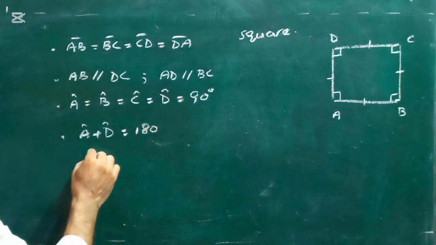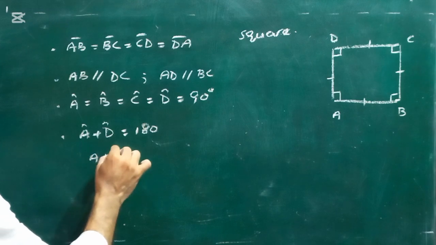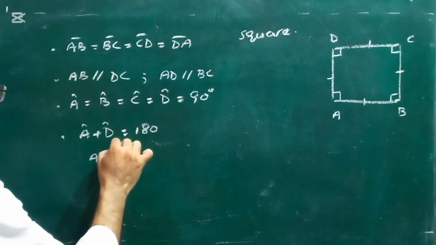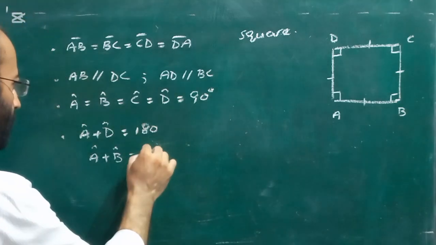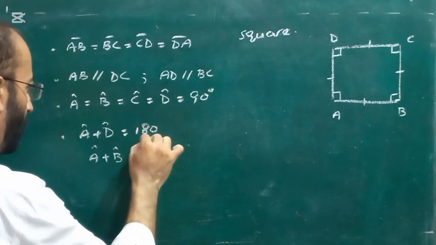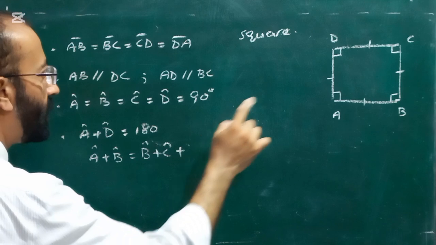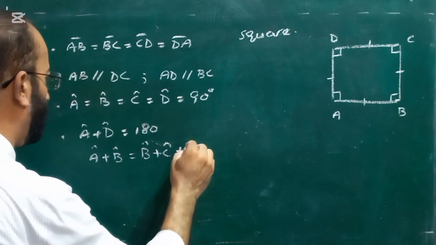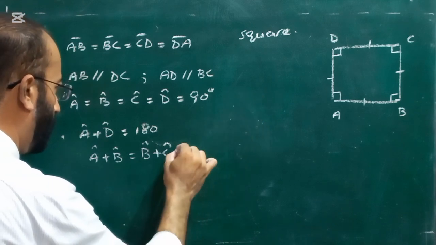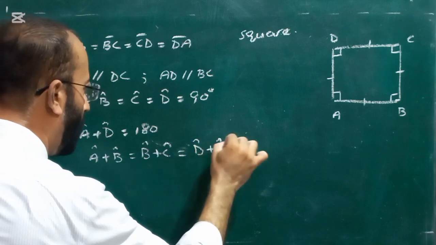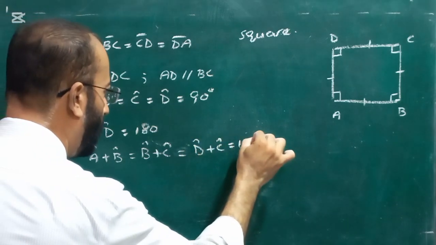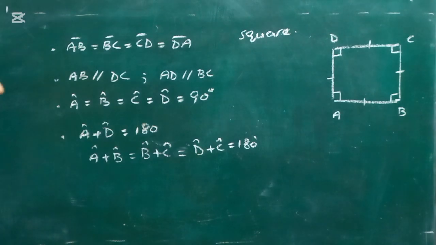Likewise, A plus B, likewise B plus C, likewise D plus C is equal to 180 degrees.